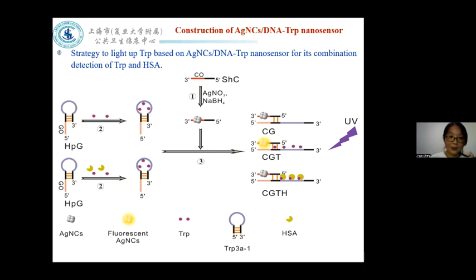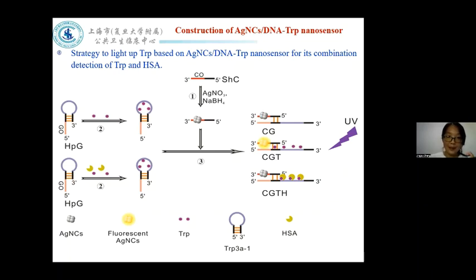In the capture probe, which we call hairpin G, it contains a G-rich overhang, and it's a hairpin, and the tryptophan aptamer is at its 3' end. Once the signal probe, which we call C, was hybridized with the capture probe hairpin G, we can obtain the hybrid CG without any fluorescence.